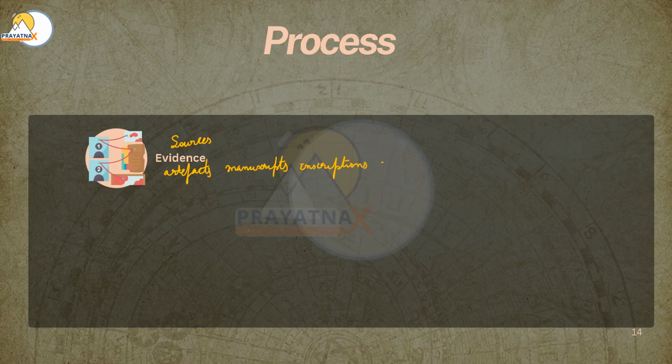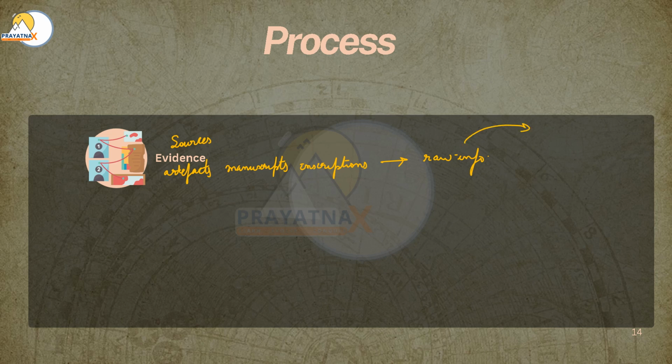What these basically do is that they provide raw information about the past as to what might have happened. This is the very first stage of history reconstruction, as history cannot be reconstructed, it can only be interpreted.